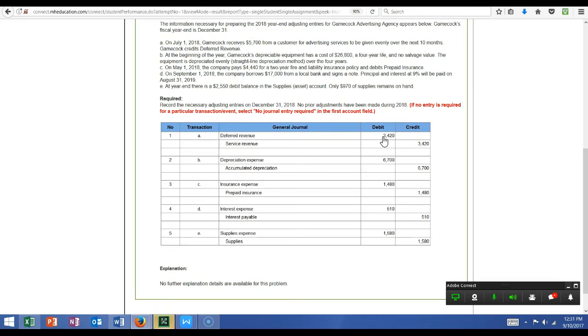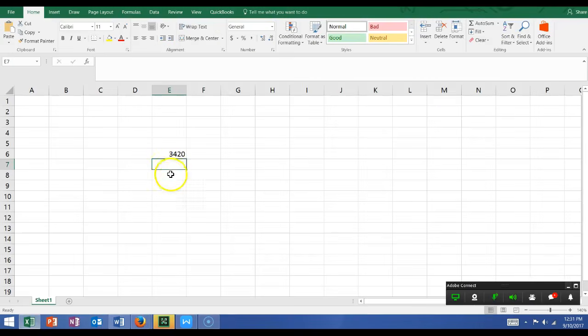Okay, great. So now next, at the beginning of the year, Gamecock's depreciable equipment has a cost of $26,000, a 4-year life, and no salvage value. The equipment is depreciated evenly over 4 years. So we know our accounts are going to be a debit to depreciation expense, a credit to accumulated depreciation. $26,800 is the amount. $26,800 over 4 years.